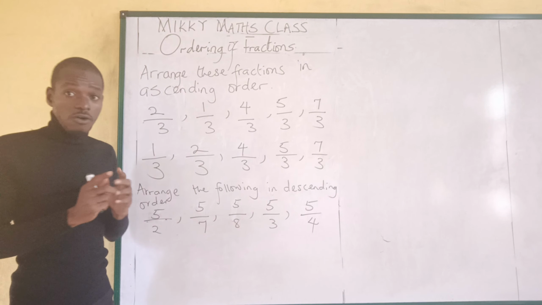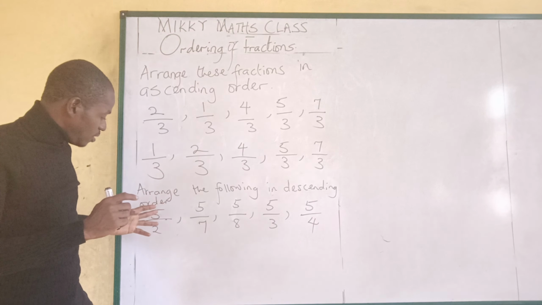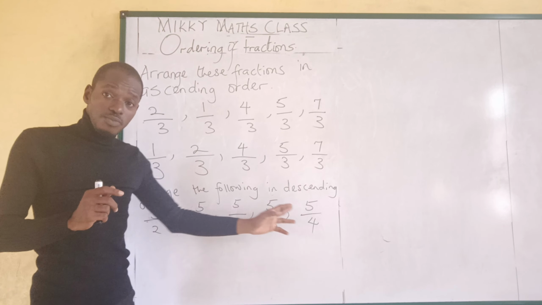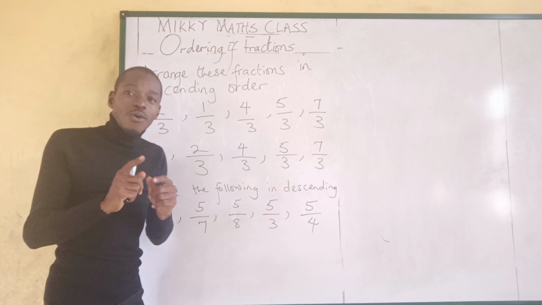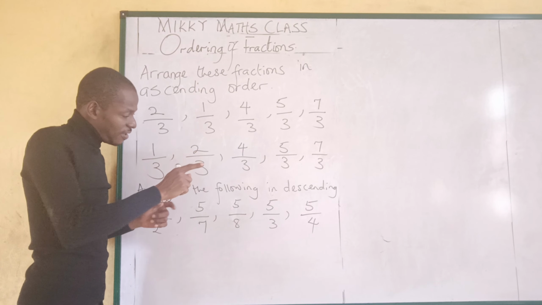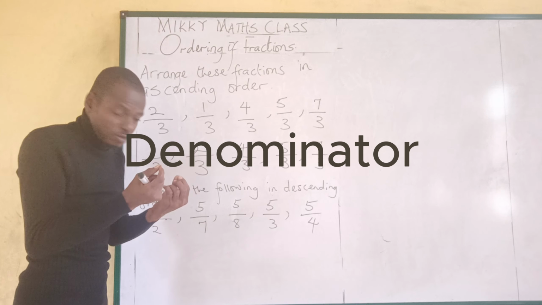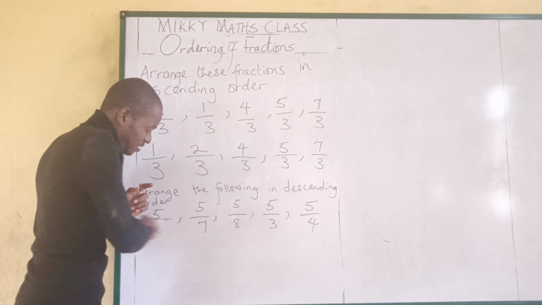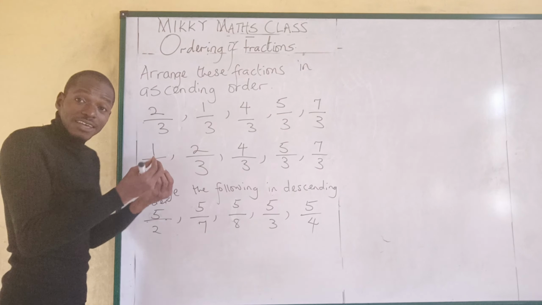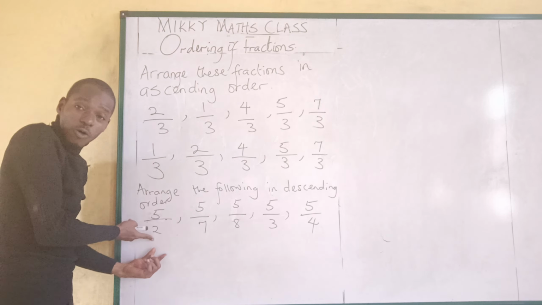There are two ways of doing it. But instead of solving, since they all have the same numerator, the biggest number will be the fraction that has the smallest denominator. Take note, when the numerators are the same, the biggest number will be the fraction that has the smallest denominator.